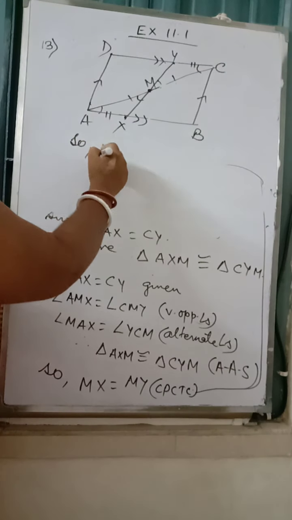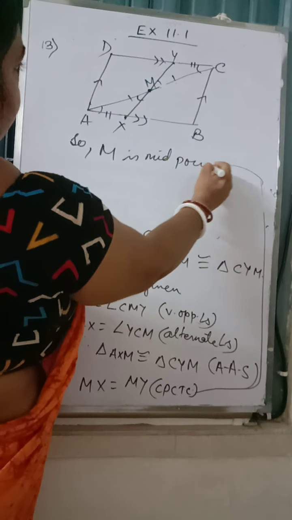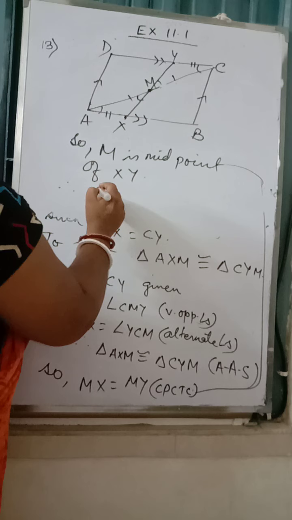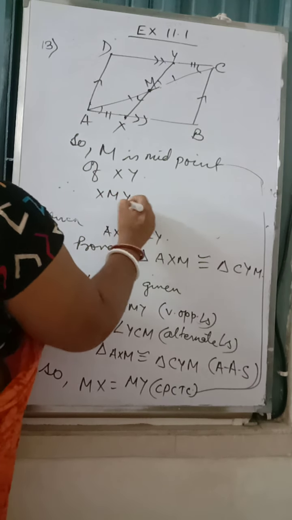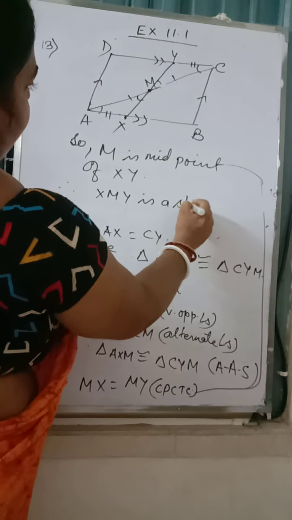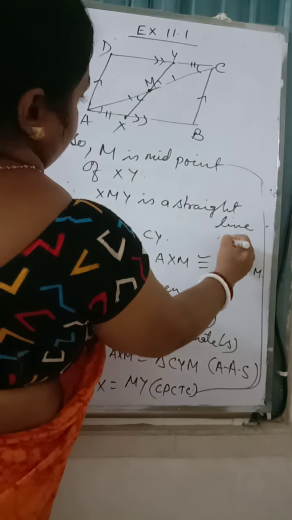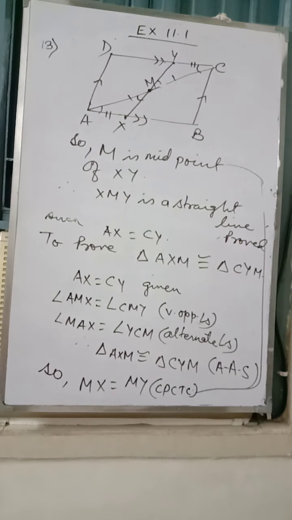So M is the midpoint of XY. That's what XMY is a straight line. Proved. This is the second proof where you have to prove X, M and Y is a straight line.